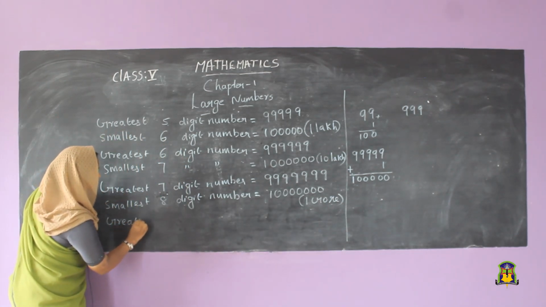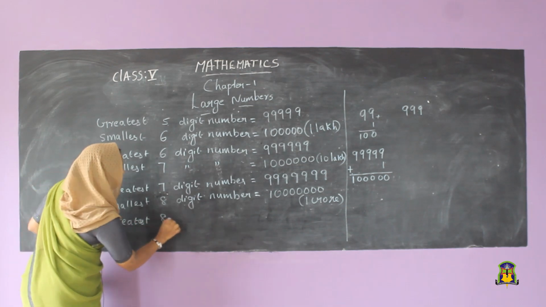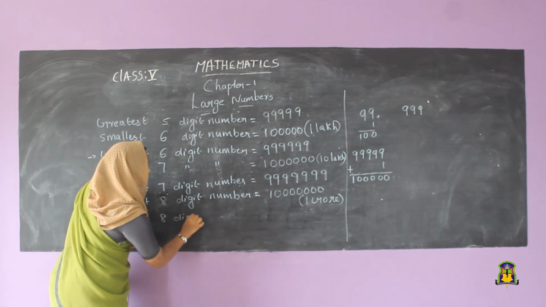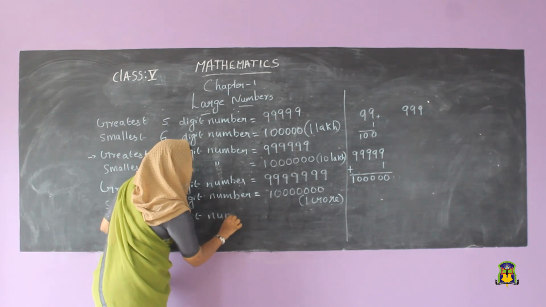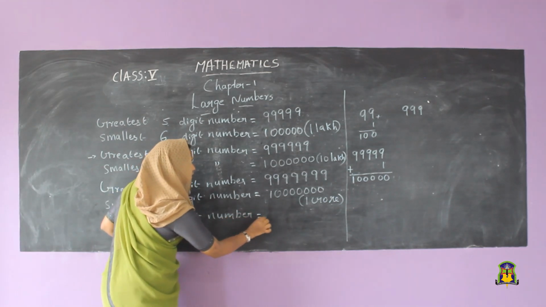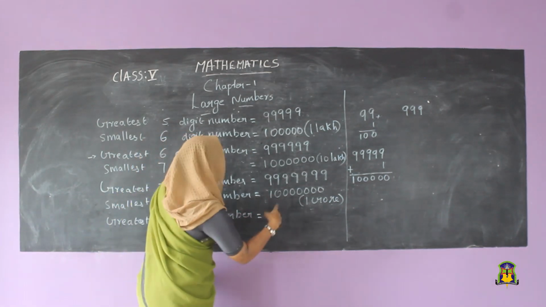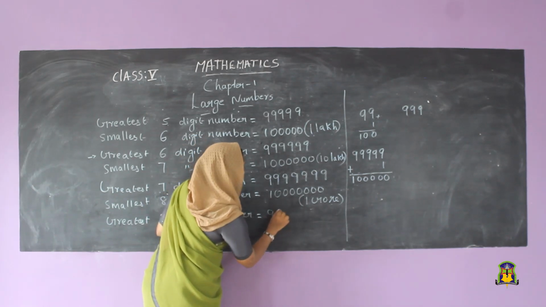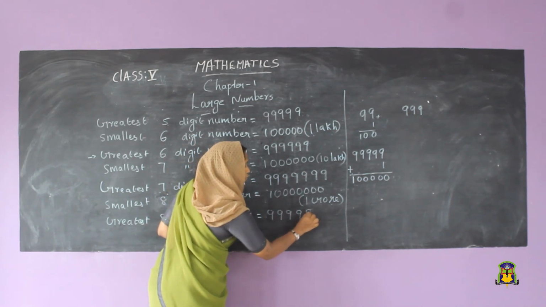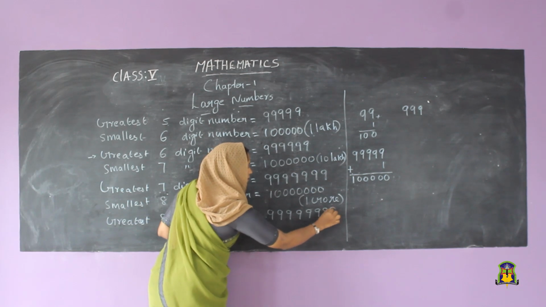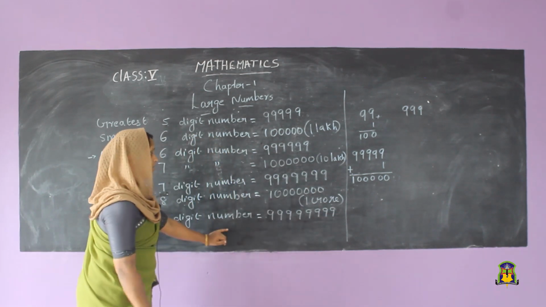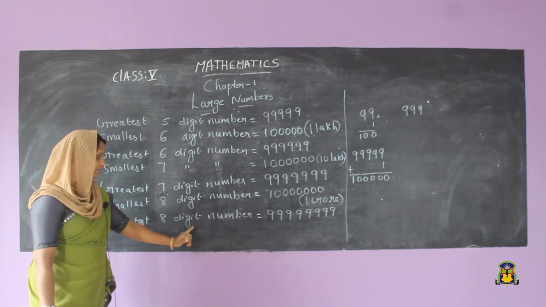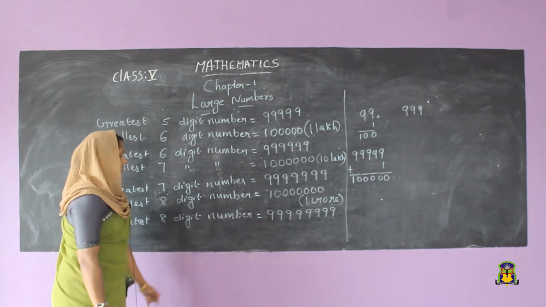Next, the greatest 8-digit number. Eight 9s will be there. So this is the greatest 8-digit number.